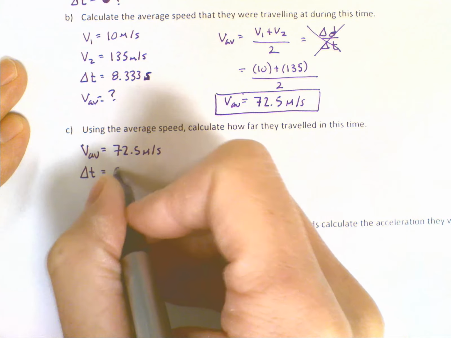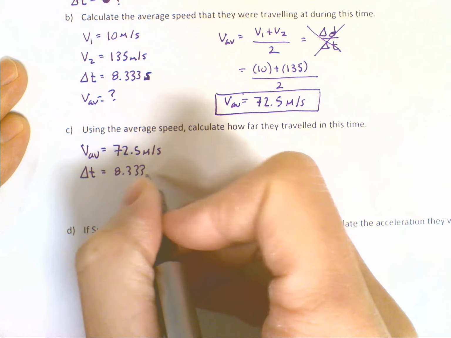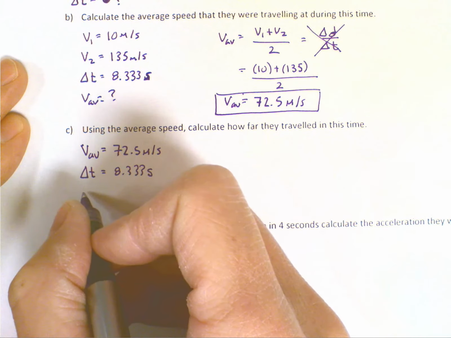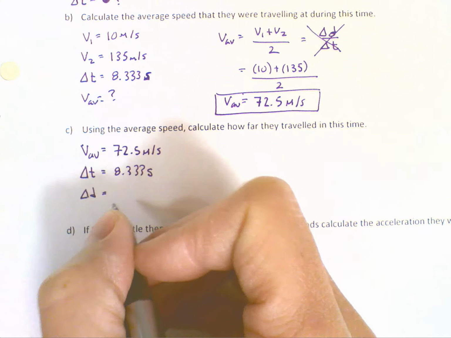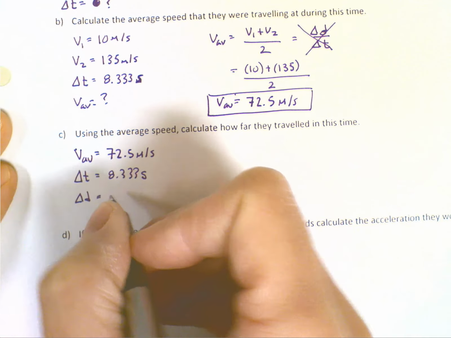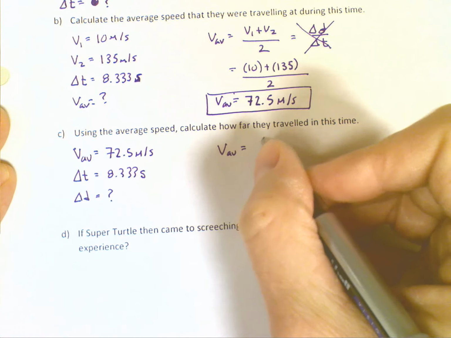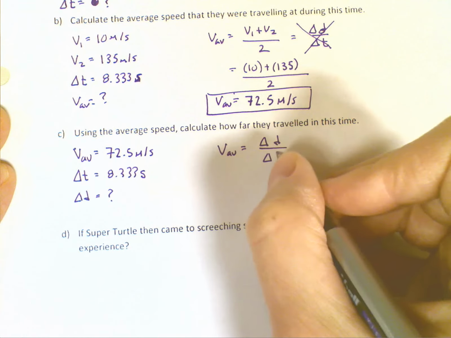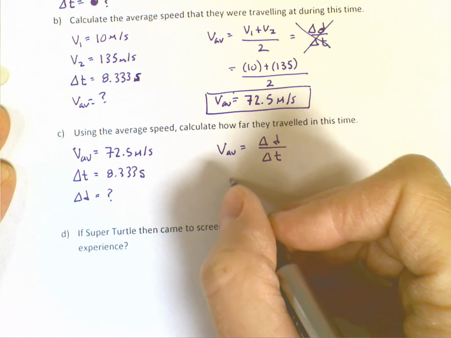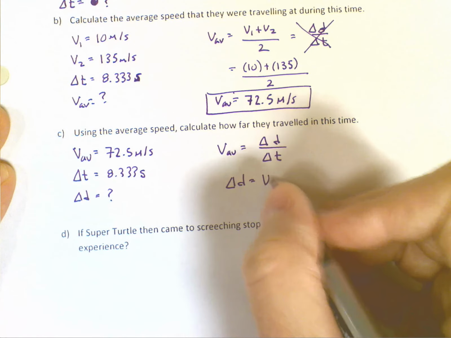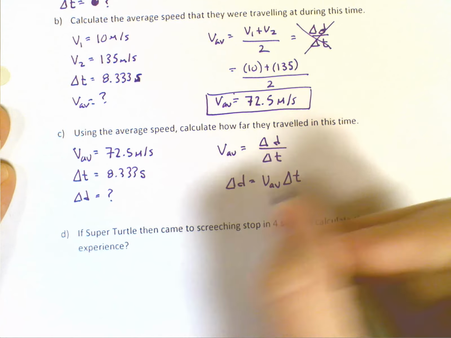We know the time that they traveled for was 8.333 seconds, and we know that the distance is unknown. So the average speed is distance over time, rearranging for distance, was the average speed times the time.